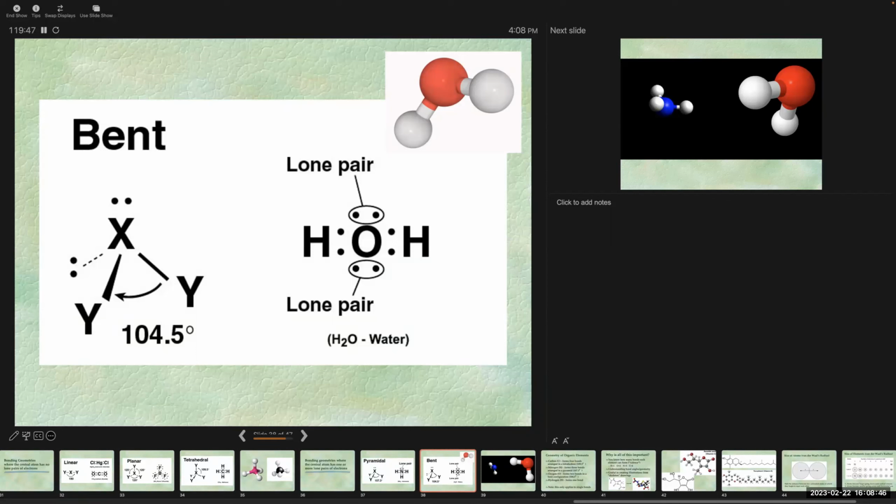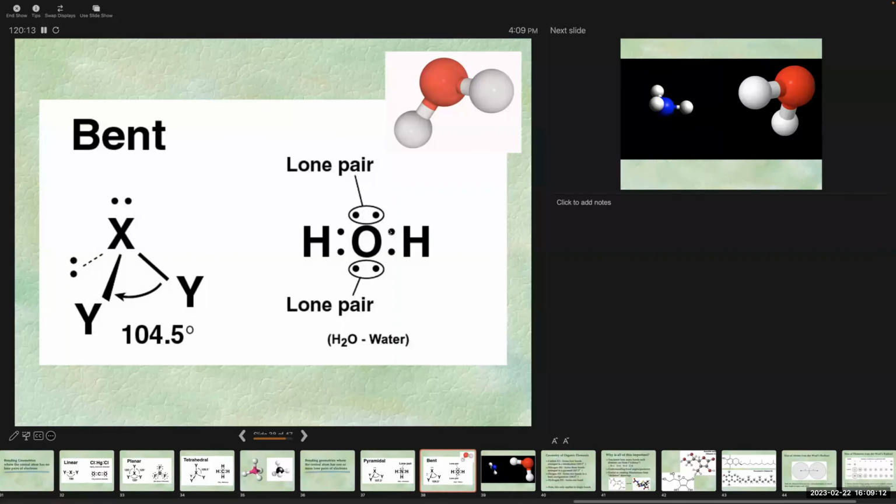Now you might assume that in a water molecule, it would have a nice straight linear geometry, kind of like mercury dichloride or carbon dioxide, where the hydrogen, oxygen, and other hydrogen would all be in a perfectly straight line to create a linear molecule. But that's not the case.